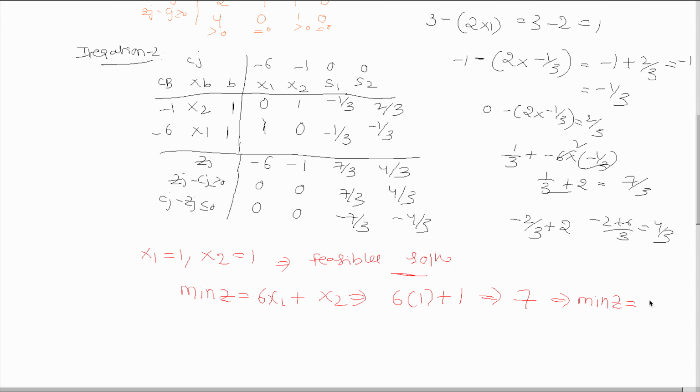Minimum z is equal to 7. So this way we have to find optimum solutions for the dual simplex method.